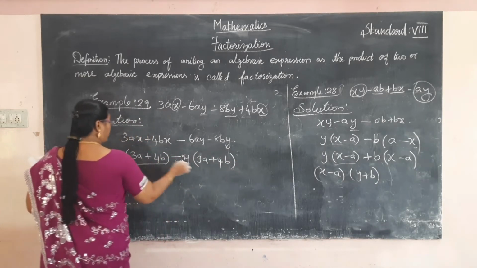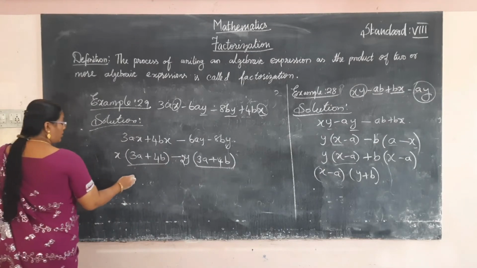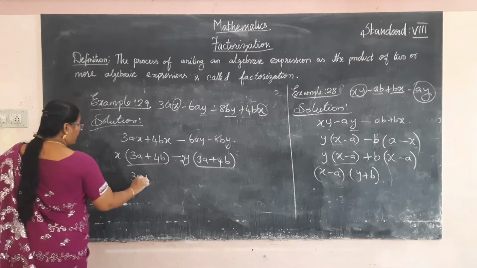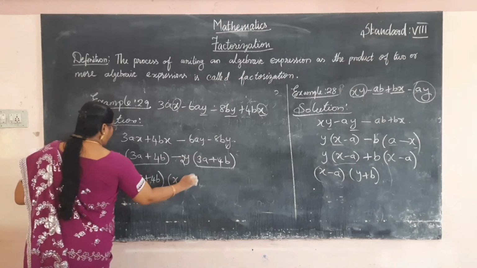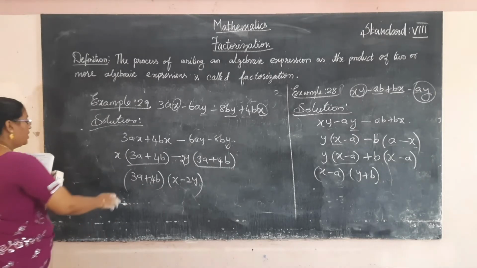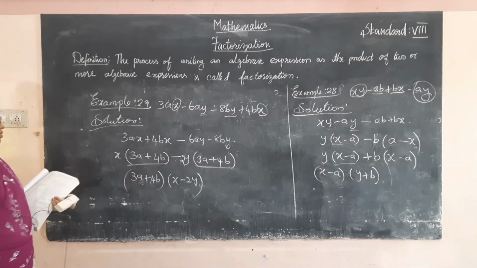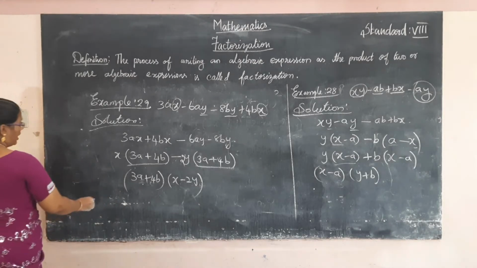Now we got the two common factors from this step. So (3a + 4b)x − 2y(3a + 4b). So a factor of this problem is 3a + 4b. Finally you should write the answer.